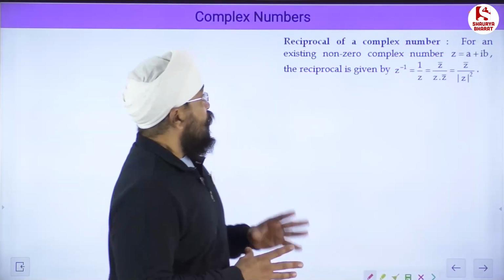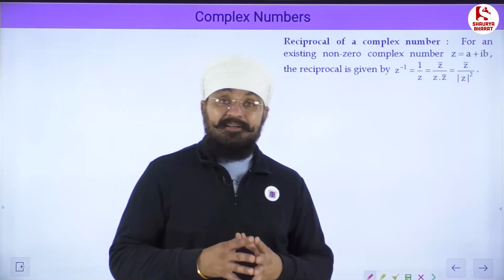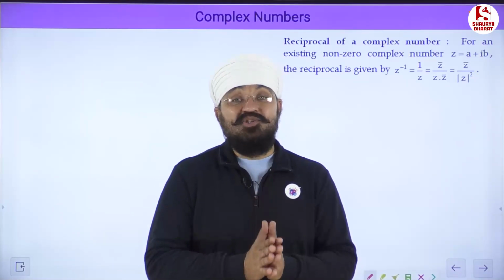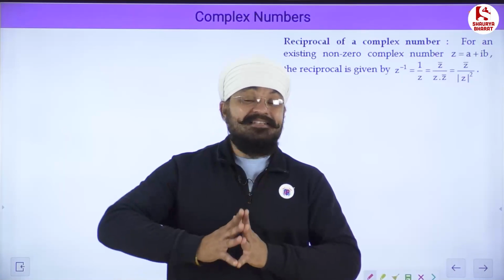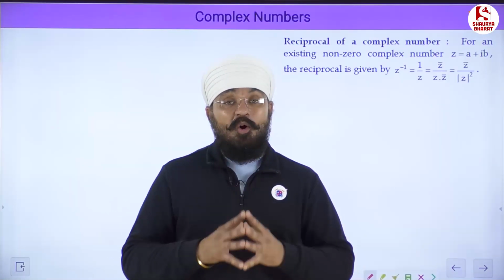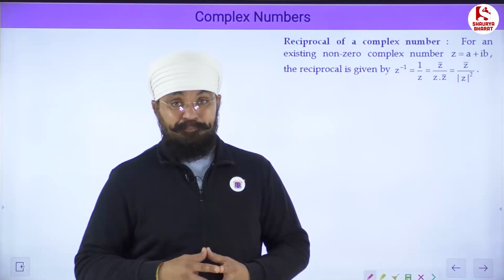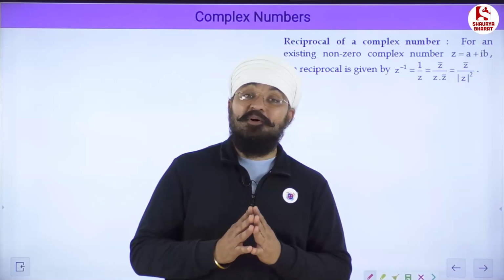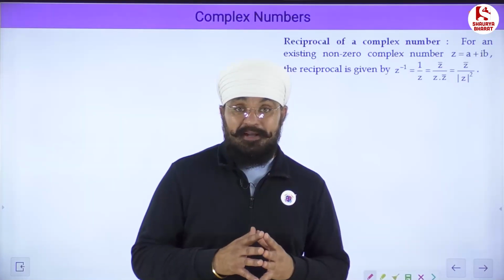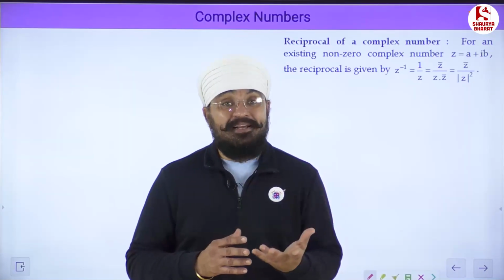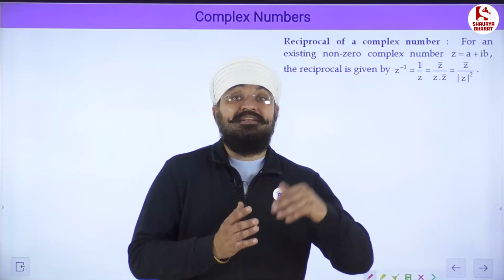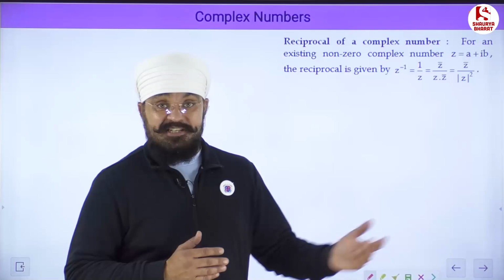Now, one last part with which we can solve the questions later on, that is nothing but the reciprocal of a complex number. So dear students, as we have studied multiplication, the division has already been taken. Division is a multiplication of a complex number with its reciprocal.